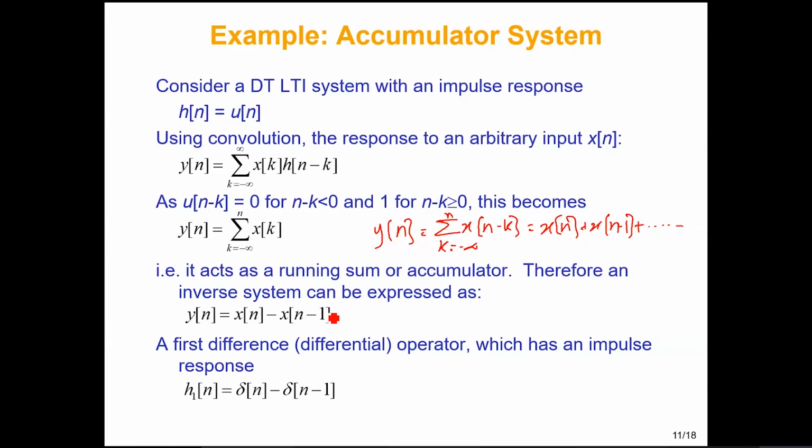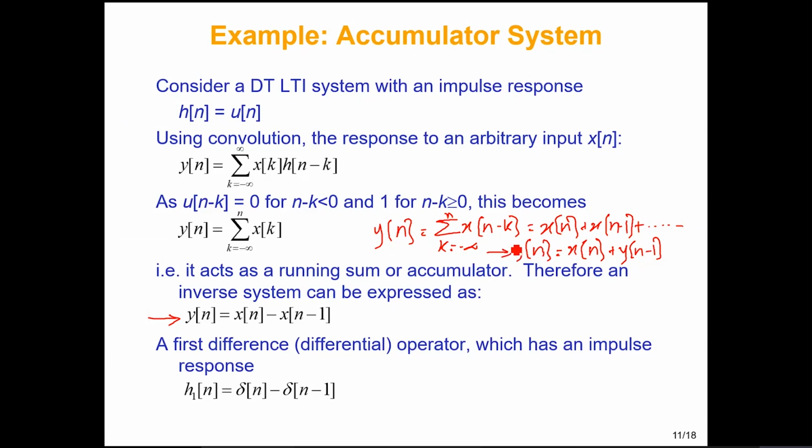Okay, so again we can have an inverse of the accumulator system, and this system that you see here is an inverse of the accumulator system. In previous lectures we showed that instead of writing this accumulator system as this summation, we can also write it as y[n] is equal to x[n] plus your previous output. Whatever was the previous output, we add the present input to it and get the present output. So it is sort of an accumulation going on.